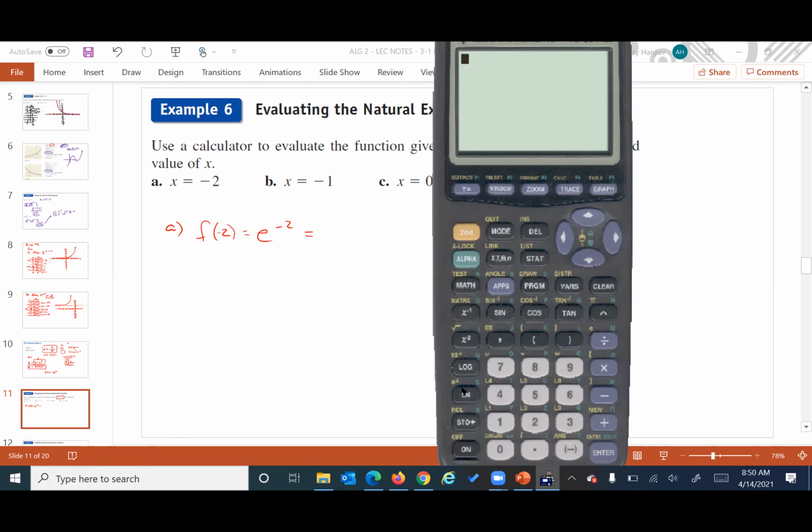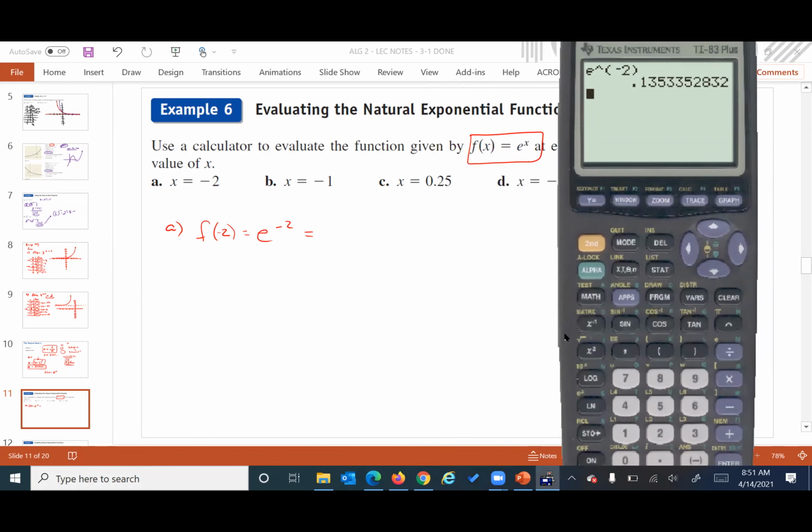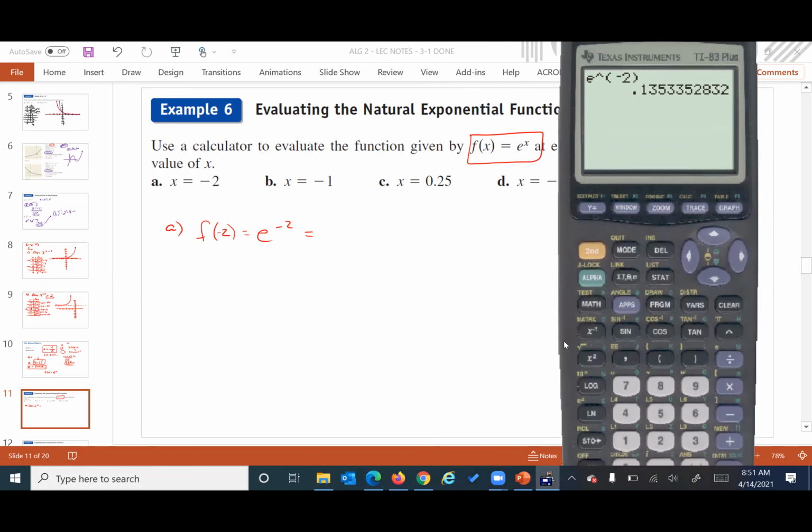See the e to the x between the log and the LN? Press that button. You have to use the second function, and it opens up the little caret for the exponent. And don't forget this is a negative, not a minus. Don't confuse the two. So -2, and I got an answer of 0.135, and so on.